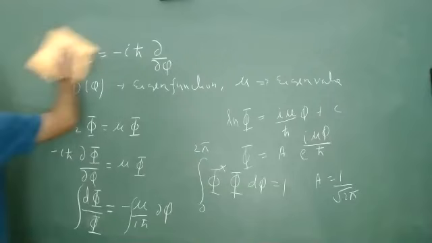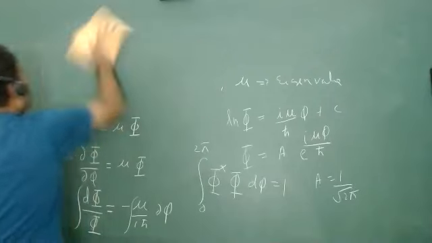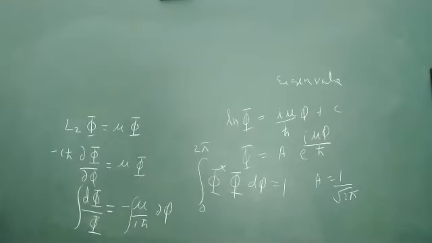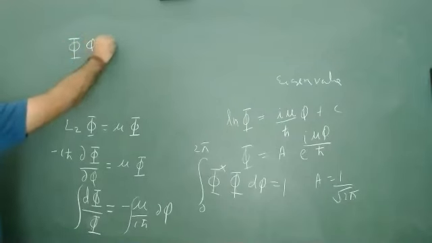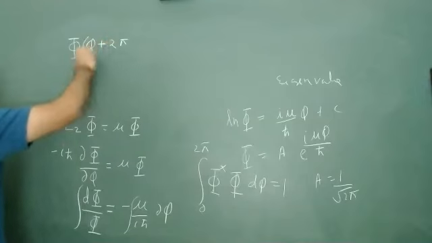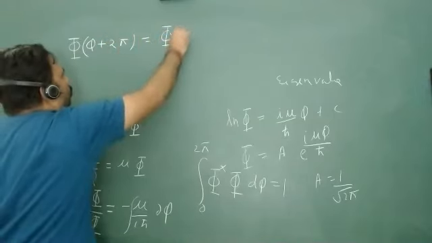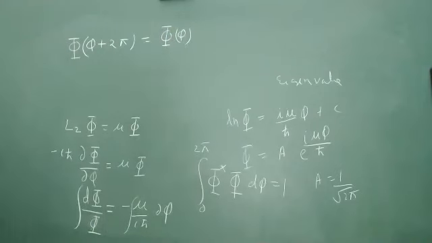So what will be the boundary condition? The boundary condition is phi of phi plus 2 pi is equal to phi of phi, isn't it?